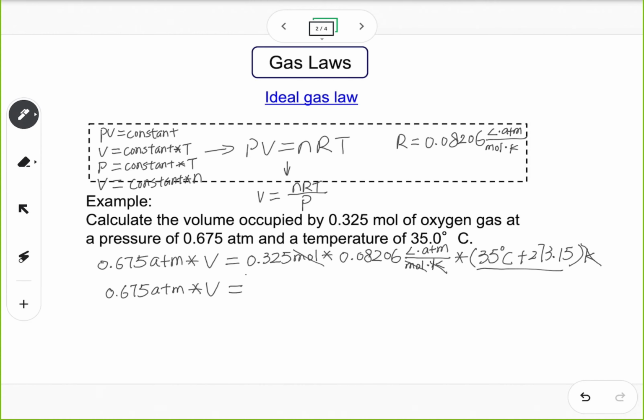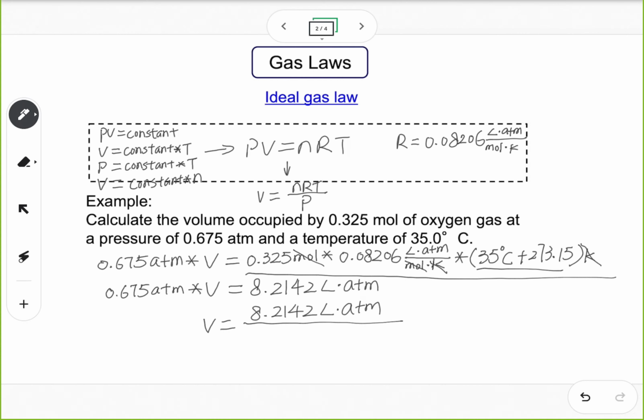Therefore, for this intermediate step, the answer would be 8.2142 L times atm. So the volume equals 8.2142 L atm divided by 0.675 atm. The atm gets cancelled. Therefore, the final answer should be 12.2 liter. This is the ideal gas law.